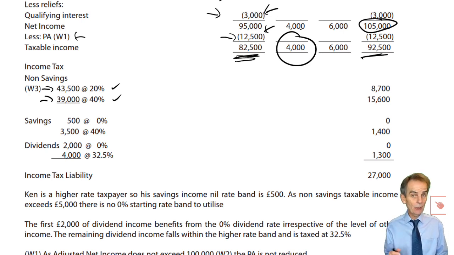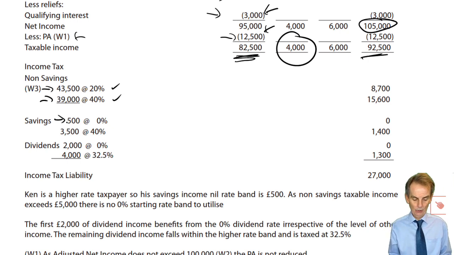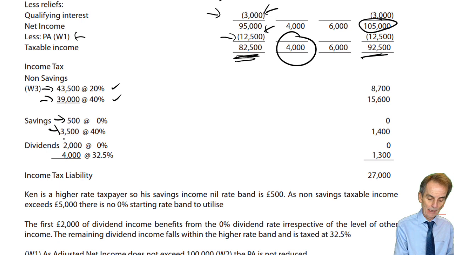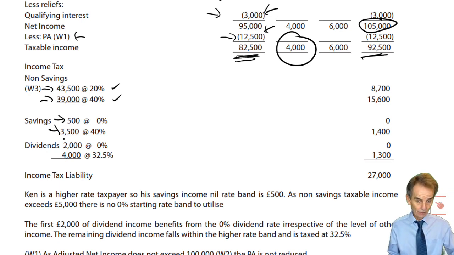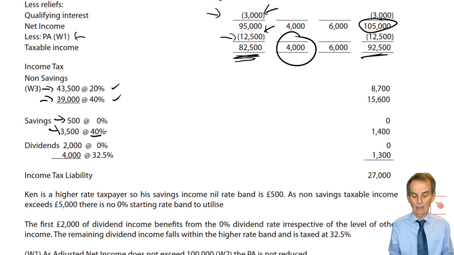But we are still just a higher rate taxpayer. We haven't gone up into additional rate, as we said a moment ago. And as a higher rate taxpayer, it does leave you with, albeit a reduced figure, a figure of savings income nil rate band. And that figure, as well you should now know, is £500. So that's at 0%. It leaves just the remaining £3,500, which does fall within the higher rate band, to therefore be taxed at 40%.